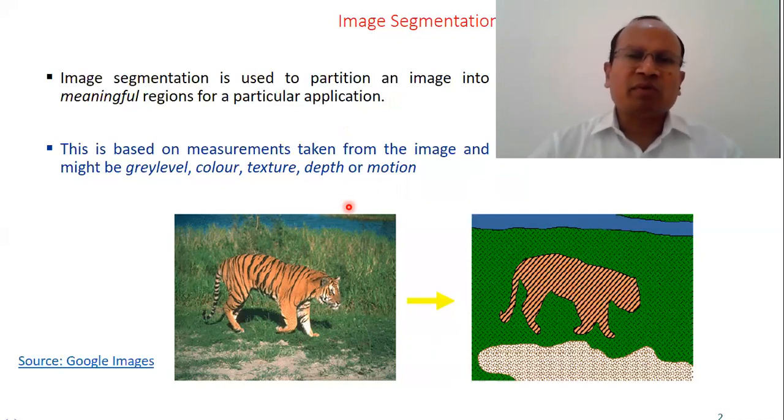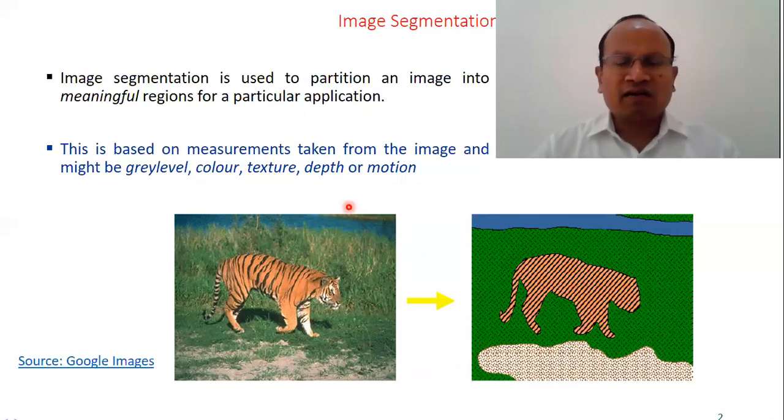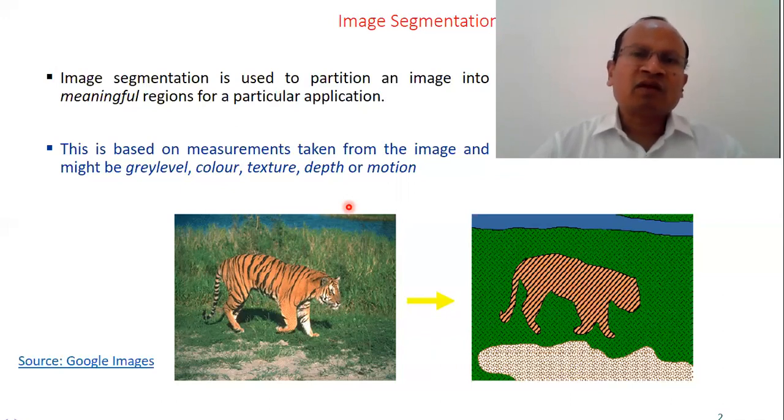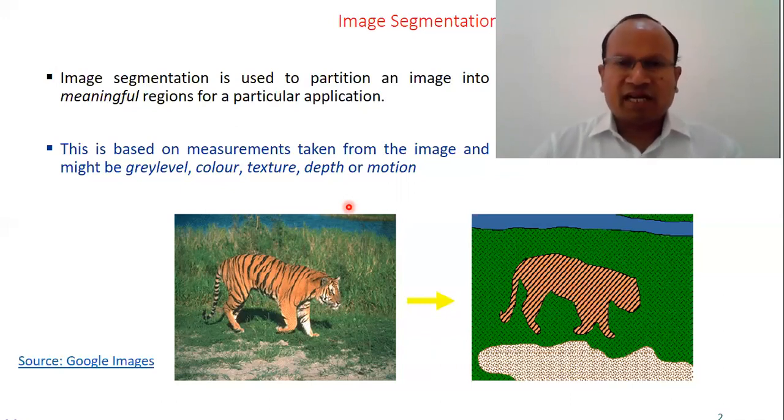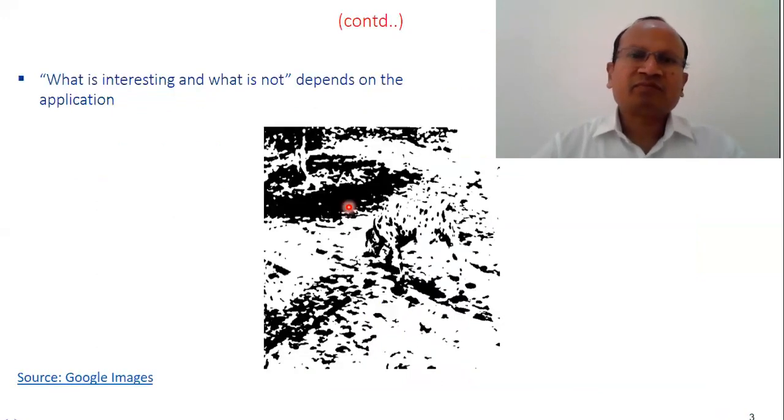The attributes which will be derived using grayscale values, color values, texture values, etc. So there will always be some deciding factor, deciding parameter, attribute. Based on that, we will segment the images.